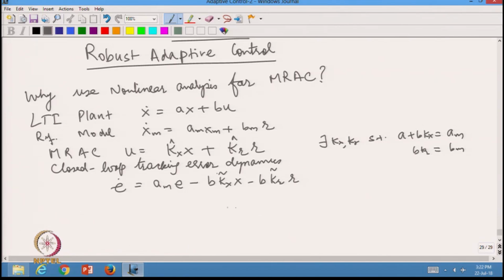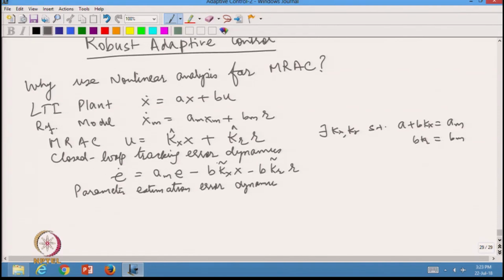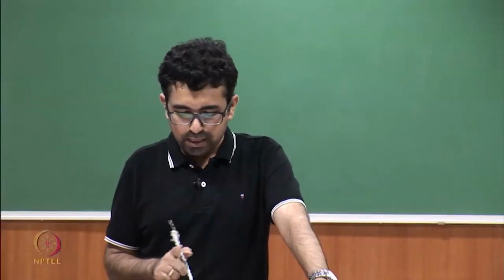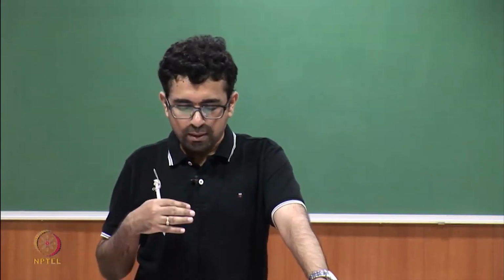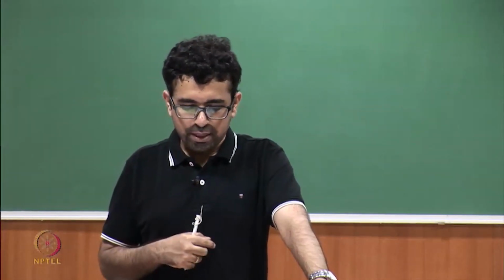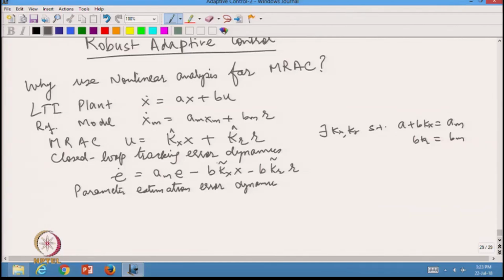Okay. So, we can also go ahead and write down the dynamics for the parameter estimation errors, because once we introduce these parameter estimates through our controller, we get these two extra states k x tilde and k r tilde, and when we consider the overall system, we need to consider the parameter estimation errors also as our overall system dynamics.